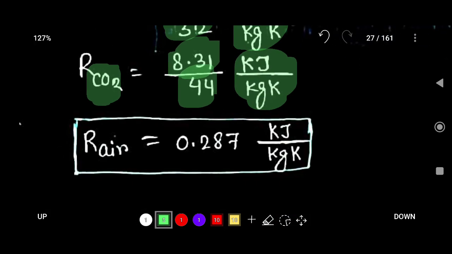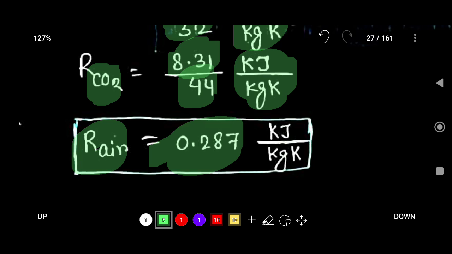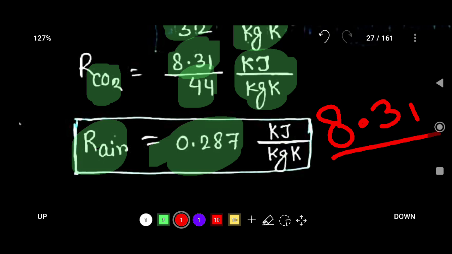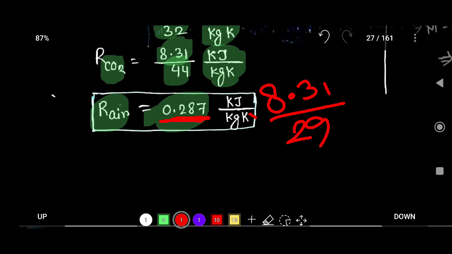If you want to calculate the characteristic gas constant for air, it will be 8.31 divided by 29. If you calculate this, the value will be 0.287 kilojoule per kg Kelvin. In that way you can find the characteristic gas constant for air.